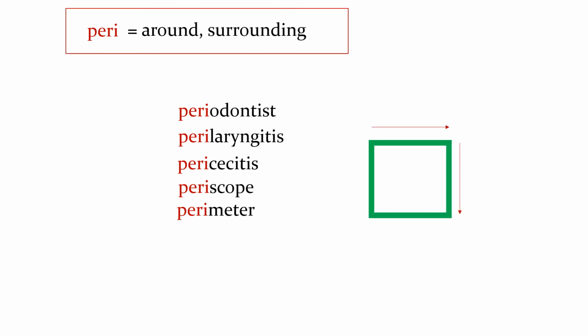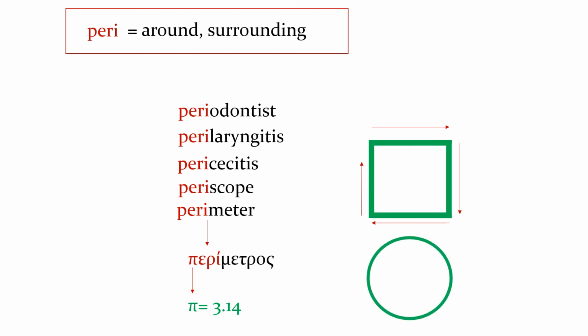And a periscope, that thing that looks like a bent telescope that was used in old submarines. And even the word perimeter. So peri and meter. We know what peri means. Meter means measurement. And perimeter, as we know, is the measurement around a shape, around a polygon.